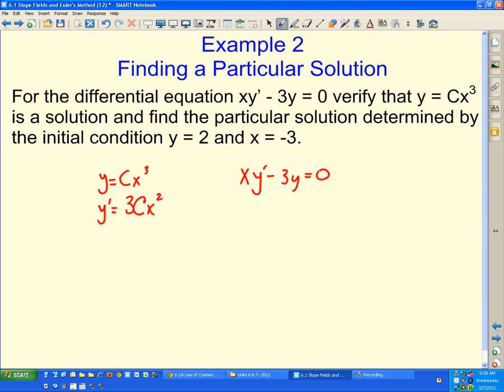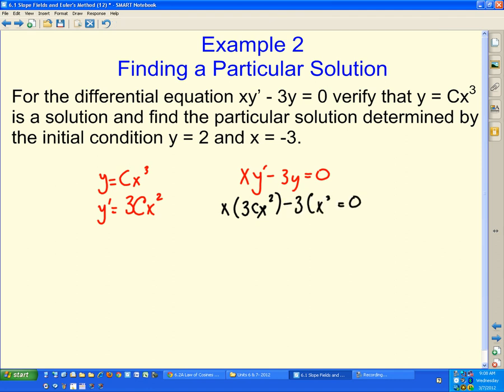Now I plug this into my differential equation, and I have x times 3cx squared minus 3 times cx cubed should equal 0. If you simplify this, if I multiply my x in here, I have 3cx cubed minus 3cx cubed, which equals 0. So 0 equals 0. So yes, it is a solution.